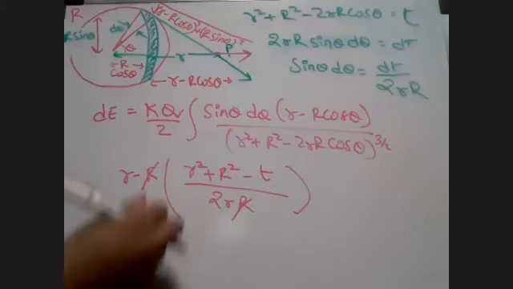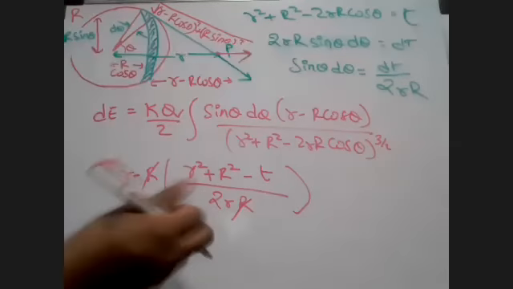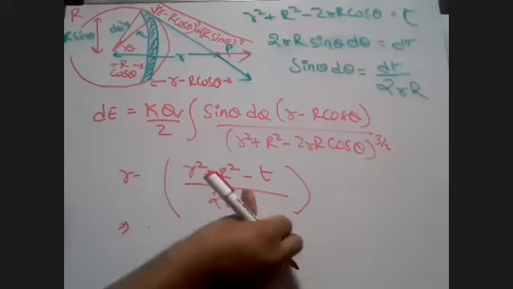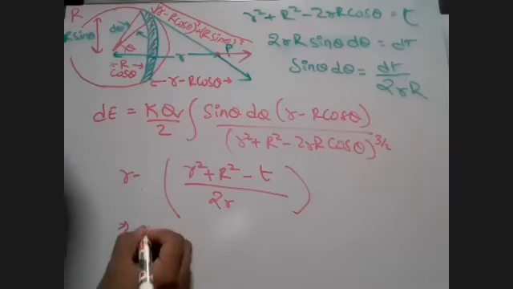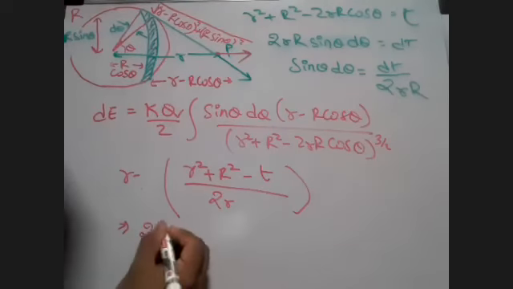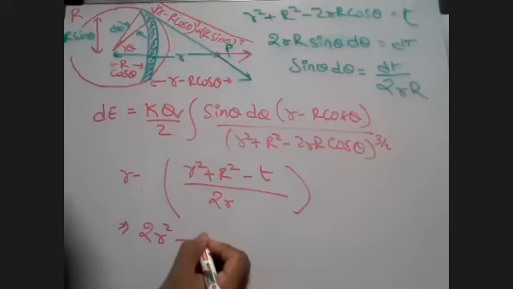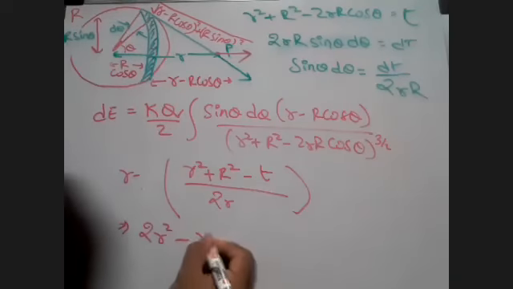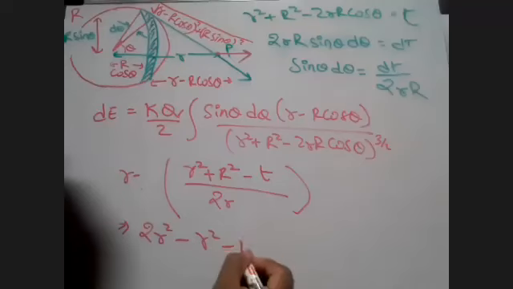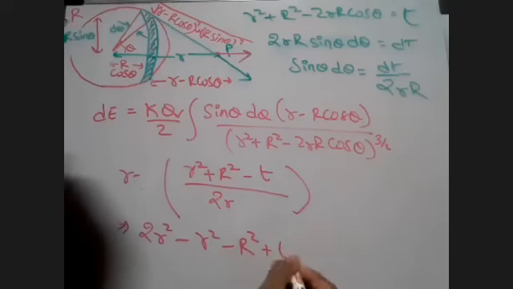Once we have cancelled that capital R, I'll just erase this capital R over here. So ultimately, if you take the LCM, you'll get 2r square minus r square minus capital R square plus t, whole upon 2r.